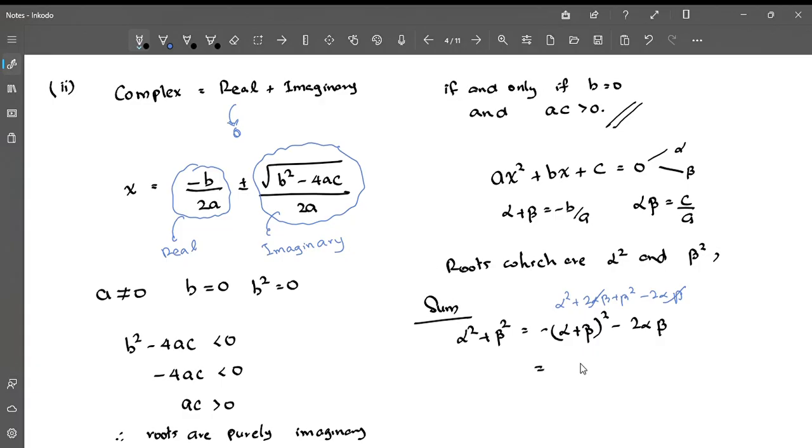Alpha plus beta squared is minus b over a whole thing squared minus 2 c over a. Simplify: b squared over a squared minus 2 c over a. This is b squared minus 2ac over a squared.